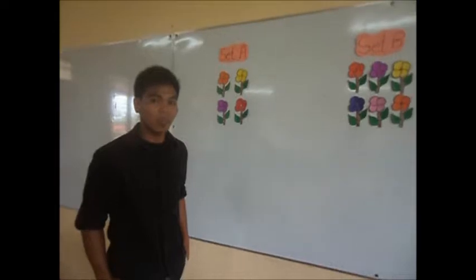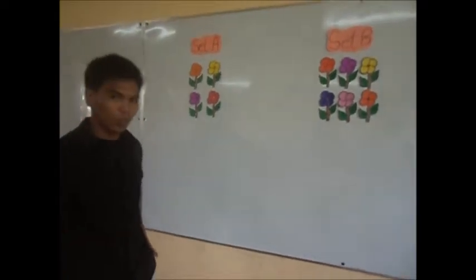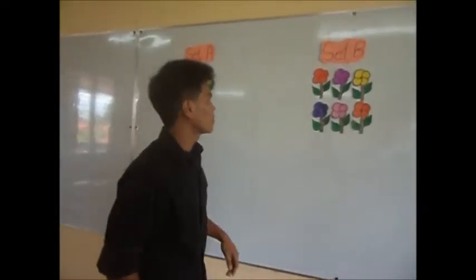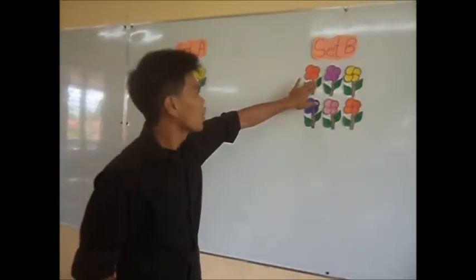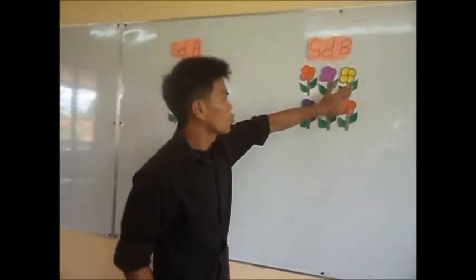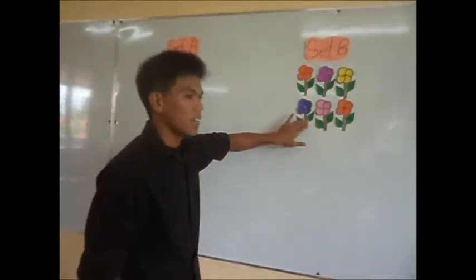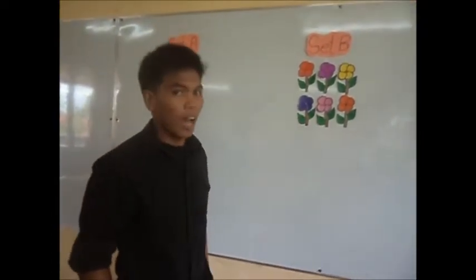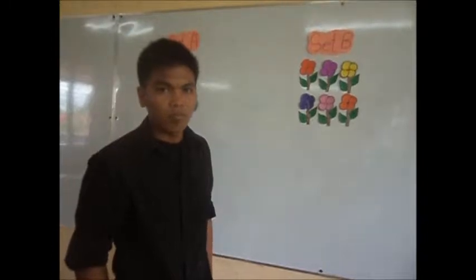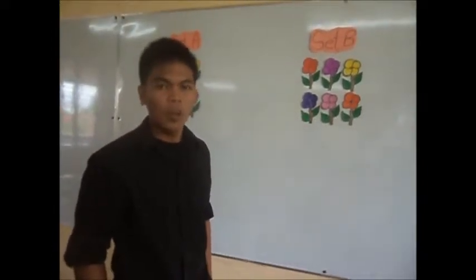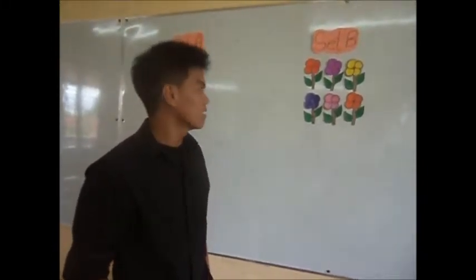How about in set B? Can you count with me, children? Let us count. 1, 2, 3, 4, 5, 6. How many flowers did we have in set B? 6 flowers. You're right. Very good, children.